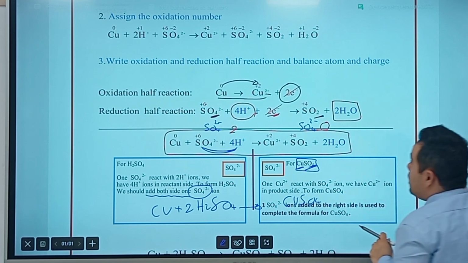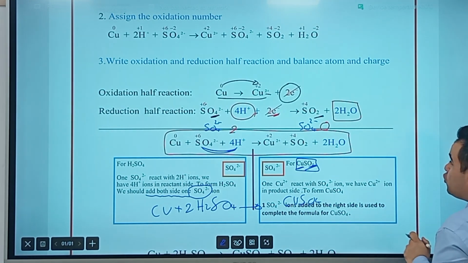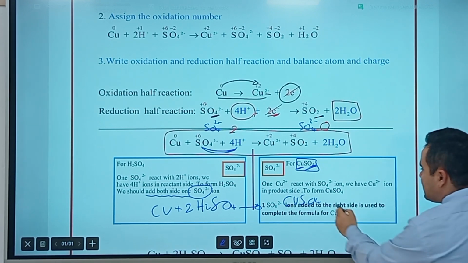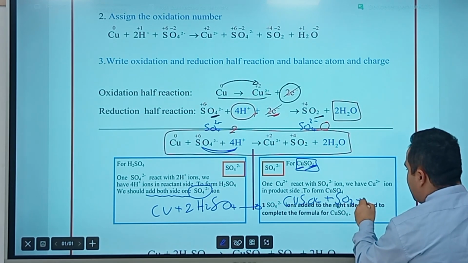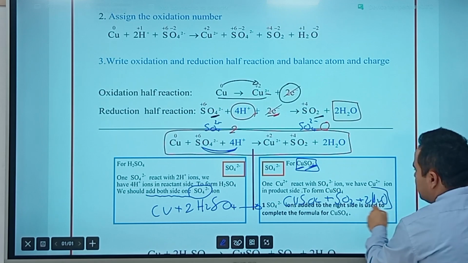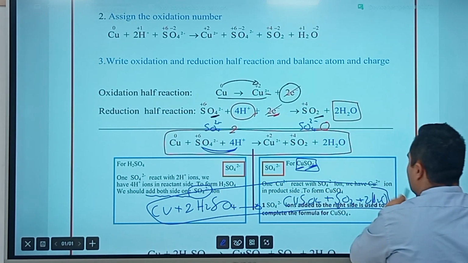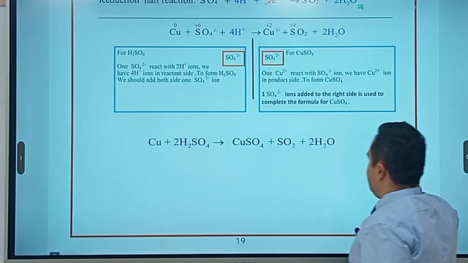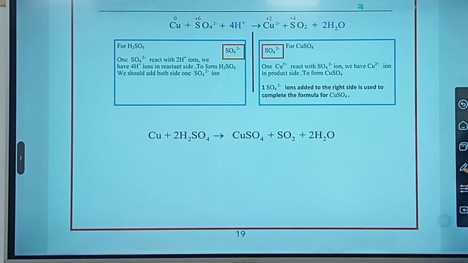CuSO4. How about for the SO2 and H2O? We did not separate them, so we write them the same, SO2 plus 2H2O. That will be the balanced reaction for this reaction in the acidic medium.